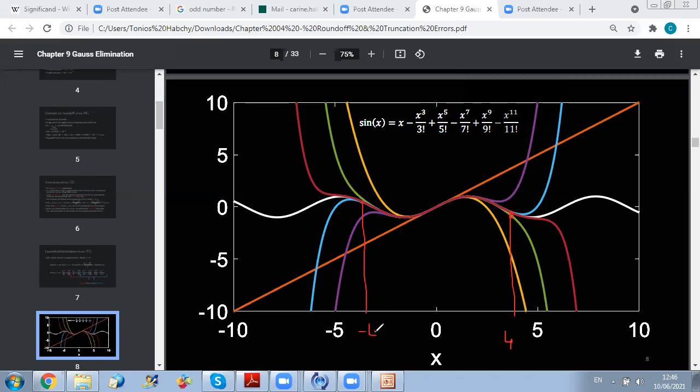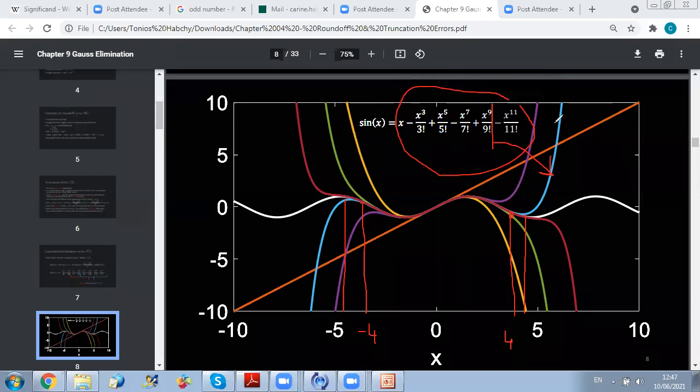And now, taking 1, 2, 3, 4, 5 terms into account, I will move to the blue curve. And I can have larger and larger intervals of accurate values. The most accurate one will be to take all these terms.